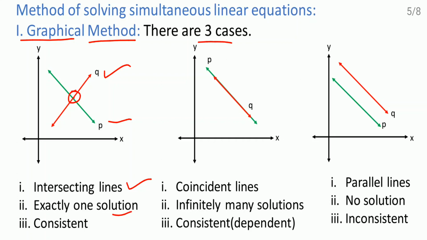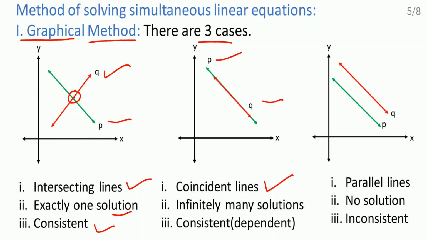At least one solution is there for the lines, it means that lines are consistent. Okay, try to understand it. I said at least one solution, that means more than one solutions are there, then also lines are consistent. Okay, now come to the second one here. Now both the lines, line P and Q, they are overlapping lines, or we can say these lines are coincident lines.